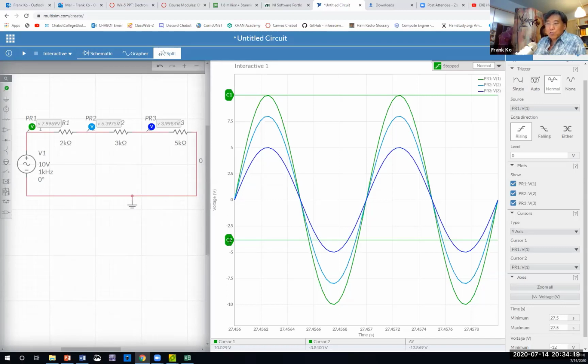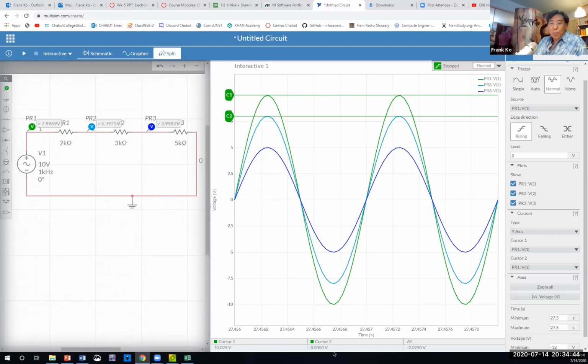I'm going to place cursor number 2 over here at the top of the light blue. While it sits here at the top of the light blue, which is at this probe, does cursor number 2 show me 8 volts down here?